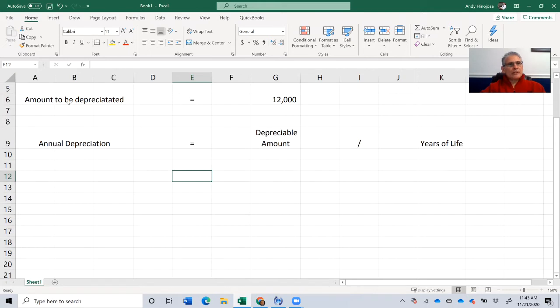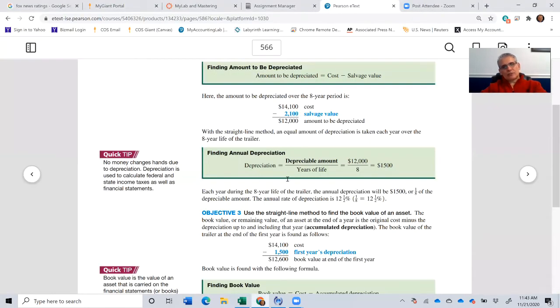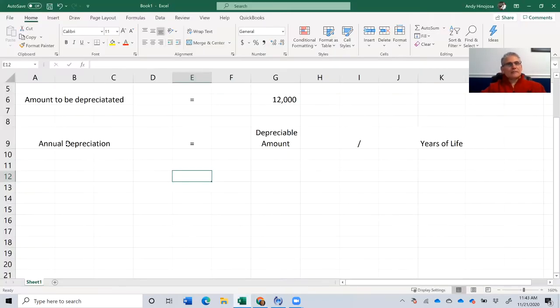So now that we've computed the amount to be depreciated as $12,000, we can then compute the annual depreciation. The textbook just refers to it as depreciation, but really it's the annual depreciation. They changed the words on you because they call it depreciable amount here, and before they had called it amount to be depreciated. That really is the same thing.